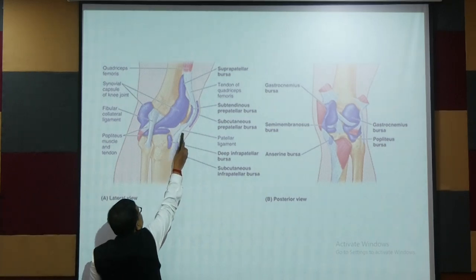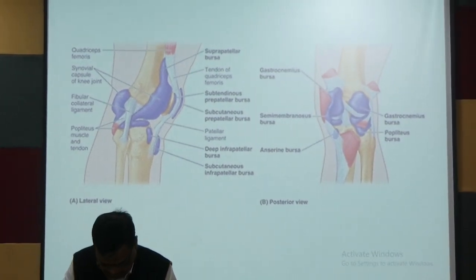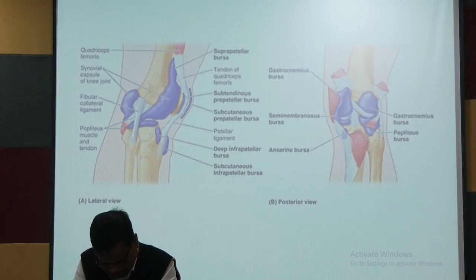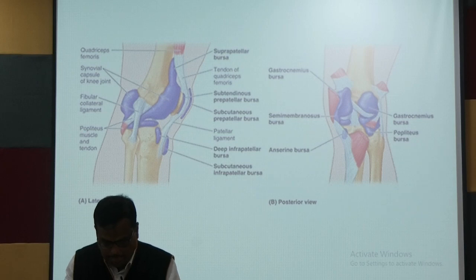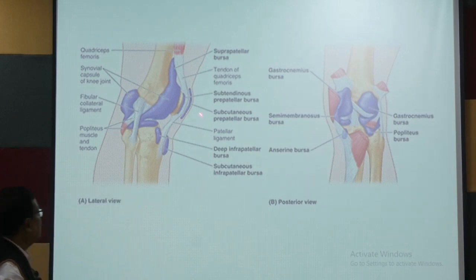This is the patella, right? This is the patella, and in front of the patella there is a bursa, violet color, between the skin and the patella, just in front of the patella, just below the skin, deep to the skin, so we call it subcutaneous.